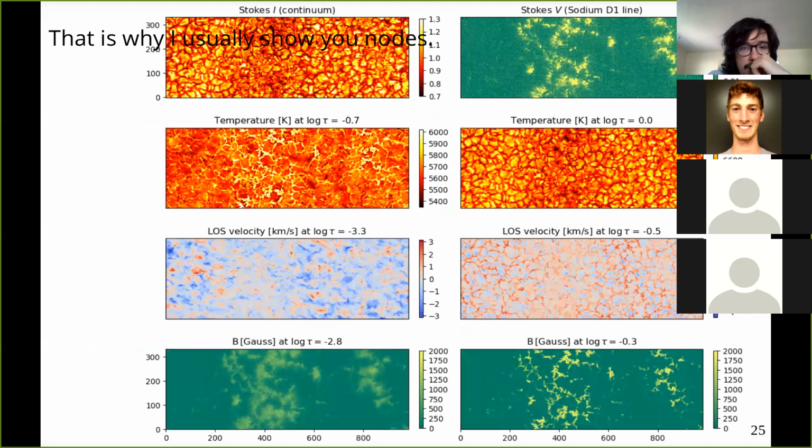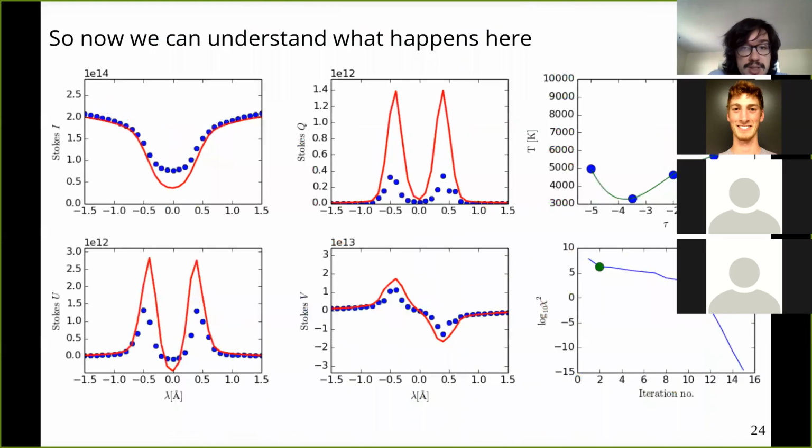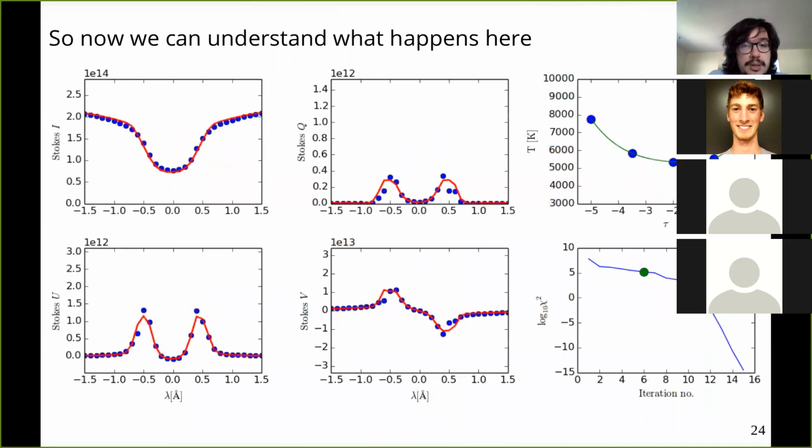Now I have shown you this image before, even in the previous talk. This is the reason why I'm always showing you maps at some weird predetermined optical depths. These optical depths respond to the position of my nodes in my inversions, and nodes are my actual model parameters.